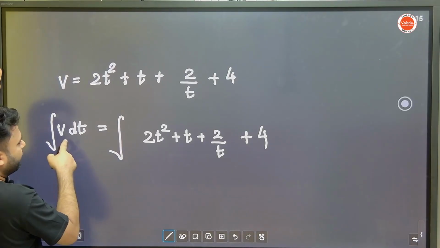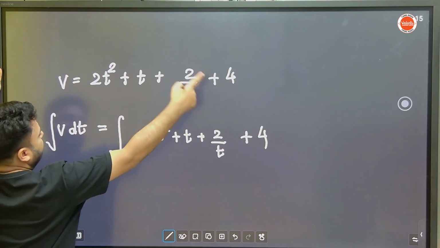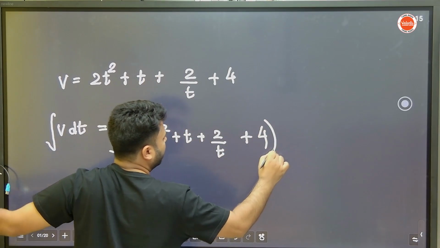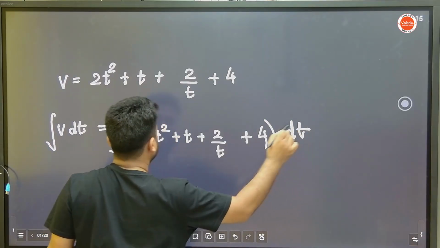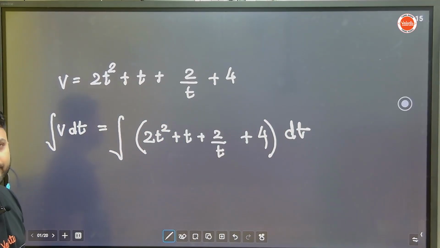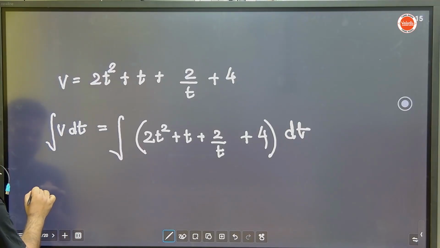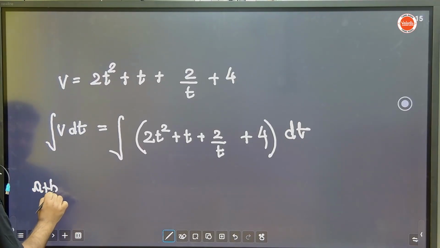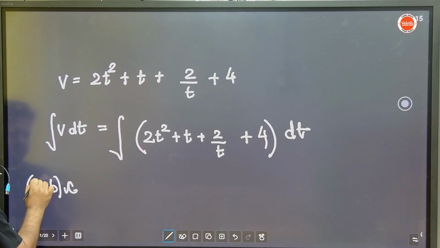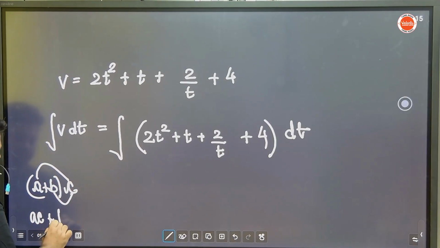So integration of v we have written, v dt. Now in our childhood classes we have learned, suppose a plus b multiplied by c. What we write? A multiplied by c plus b multiplied by c.